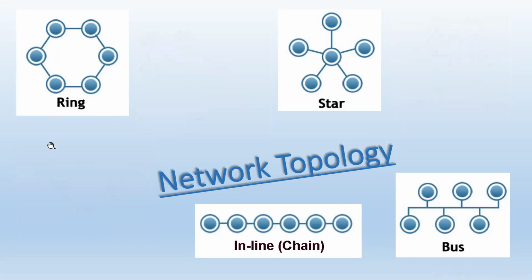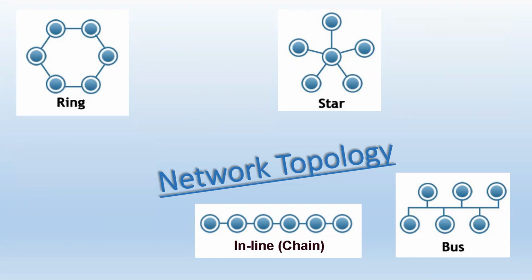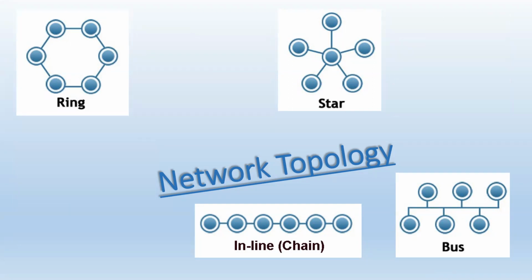For the most part, we're just going to concentrate on four basic types, and the others are a form of the four. So this is the basics, and the rest is a combination or some different representation of, or mixing things up. All right, so we're going to concentrate on ring, star, inline and or chain, and the bus topology.